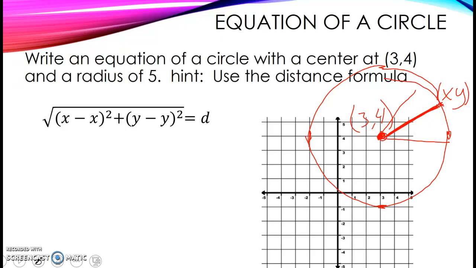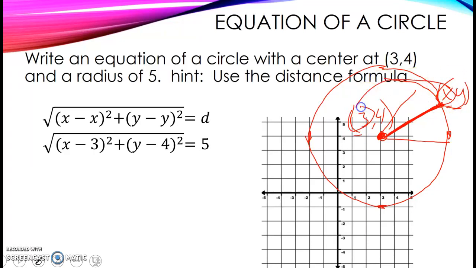So I'm just going to find the distance between these 2 points. So I'm going to plug those points into the equation. I'm going to take my x value minus my x value, that's x minus 3 squared, and then y minus 4 squared. And you can see that's reflected in the equation. And that distance we know is 5. And so it's equal to my distance, which is 5.